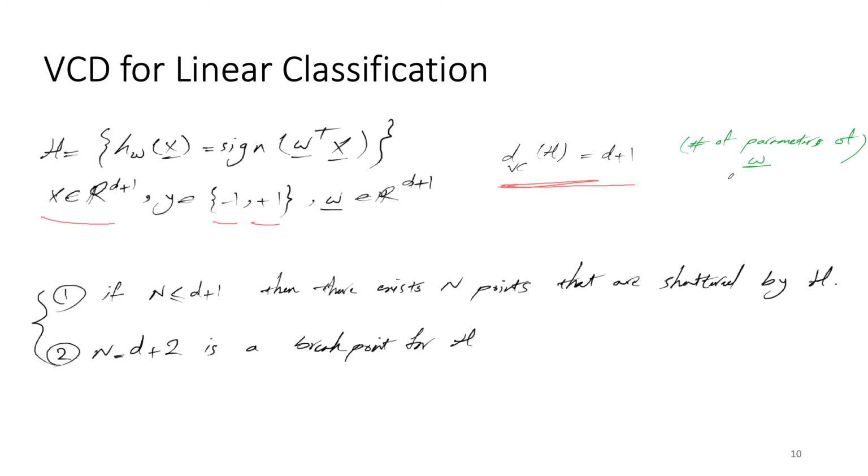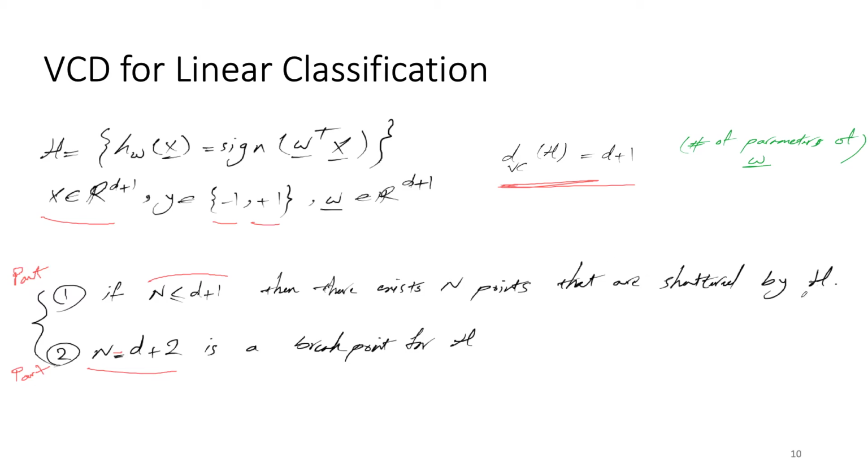In order to do that, we have to consider two cases: part 1 and part 2. In case 1, n is smaller than or equal to d plus 1, and in case 2, n is d plus 2, right? On part 1, if n is smaller than d plus 1, then there exist n points that are shattered by h, right?